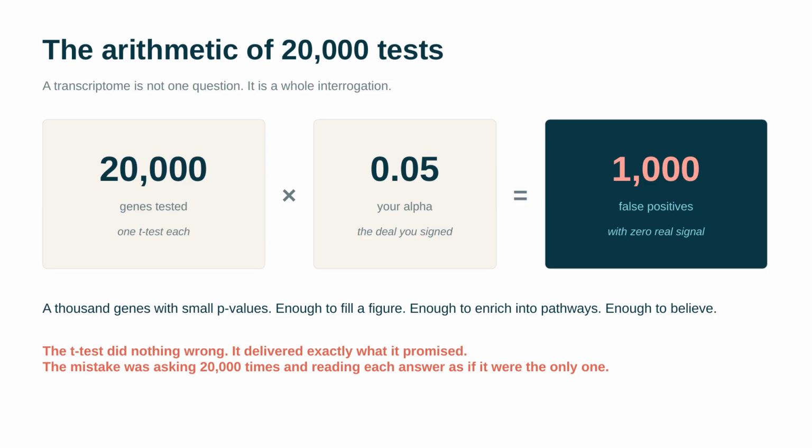So even if not 1 single gene is truly different, you expect 1,000 significant genes. 1,000 genes with small p-values, ready to be put in a figure, ready to be enriched into pathways, ready to be believed. The t-test did nothing wrong here. It delivered exactly what it promised. The error was asking it 20,000 times and reading each answer as if it were the only one.